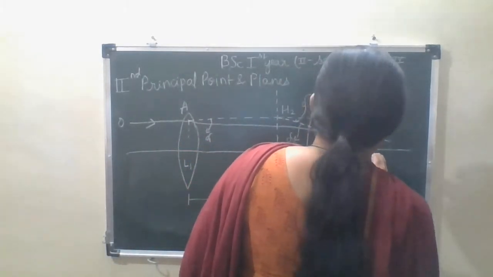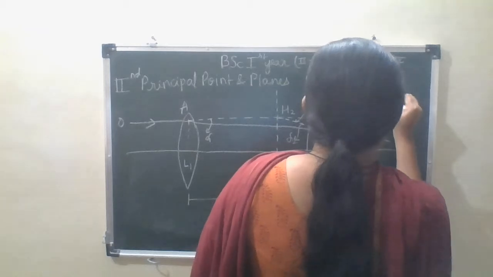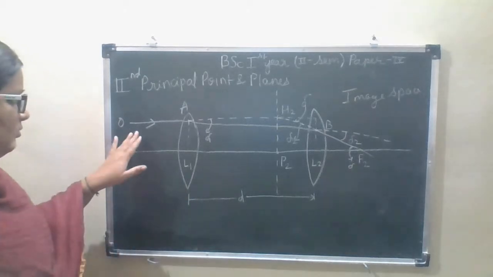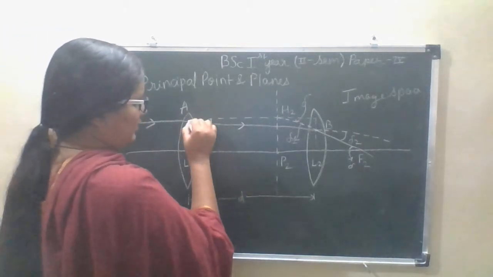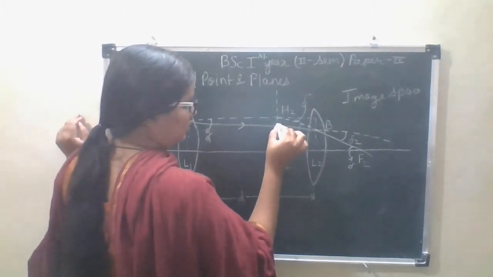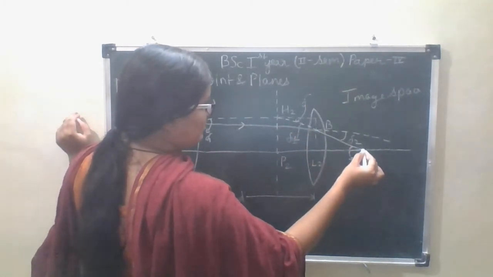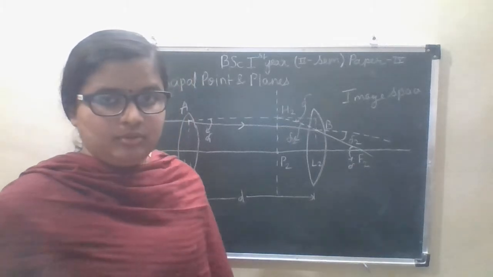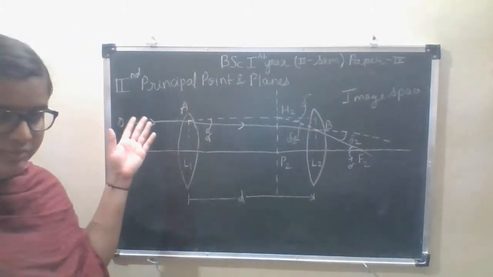This is called the image space, and this is the object space.